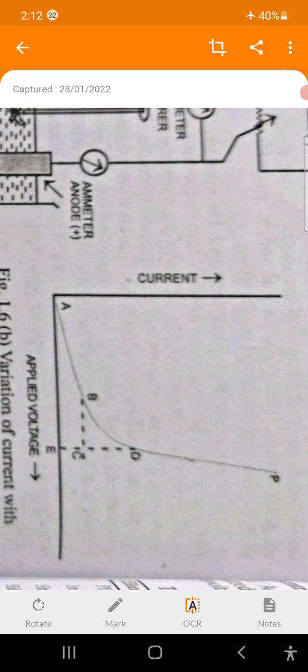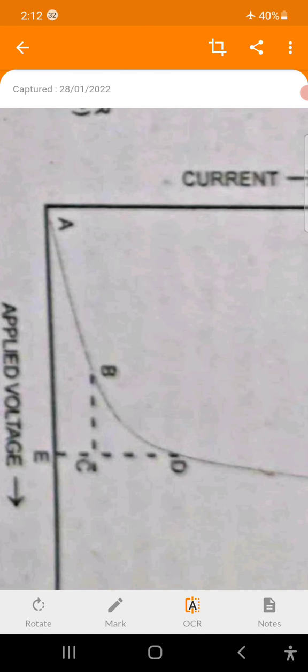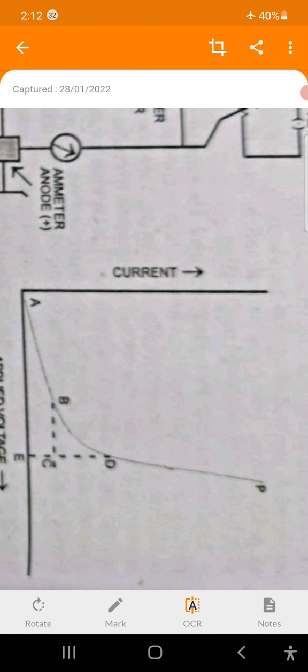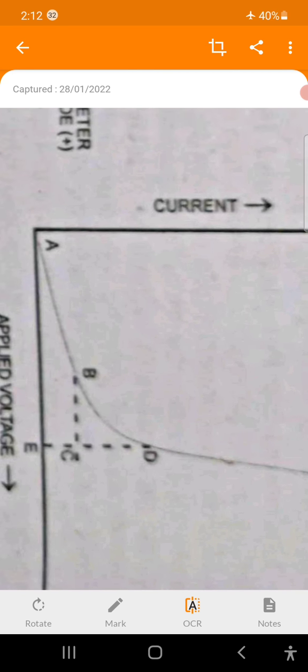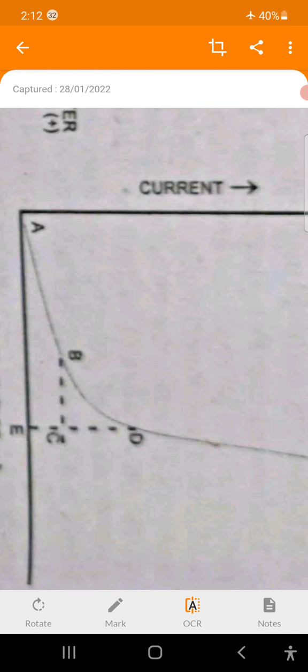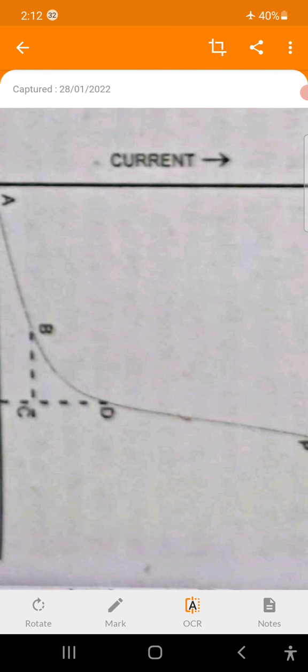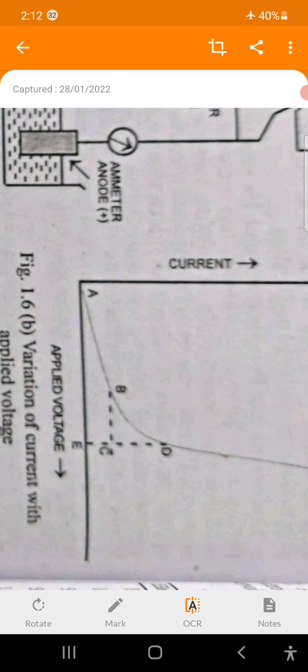Then it is observed that up to a certain voltage there is a small increase in current with increase in applied voltage, but after a certain voltage there is a sudden increase in current with a small increase in applied voltage. The AB line shows the small increase in current with increase in voltage, and the PD line shows the sudden increase in current because of increase in applied voltage.